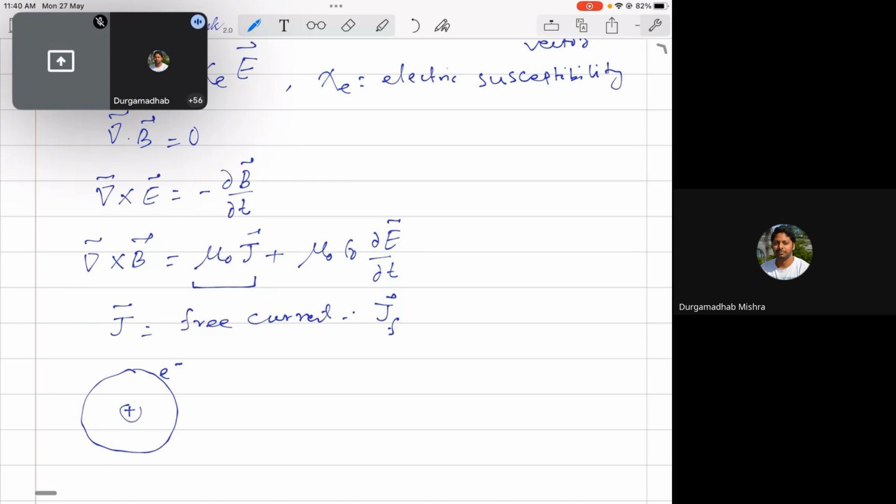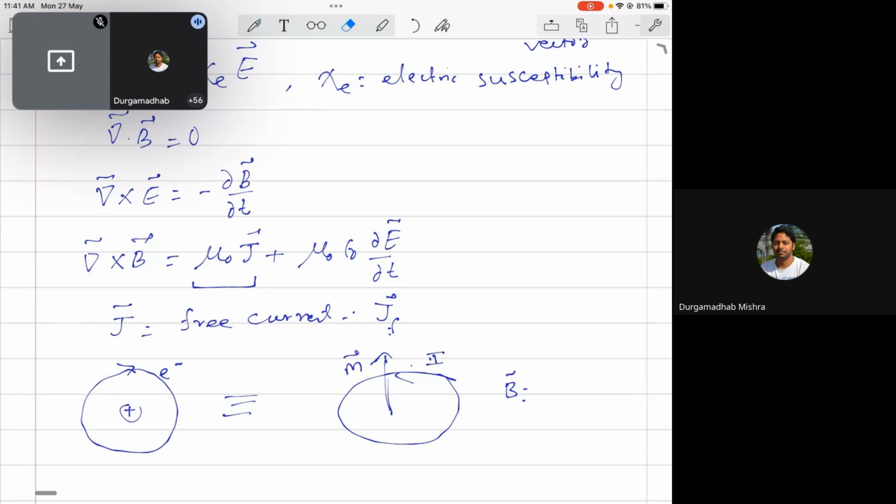I can approximate this as a current I. If the electron is going in this direction, I say the current is in this direction, which will correspond to a magnetic field B due to this current, or a dipole moment. So this will induce a dipole moment M.